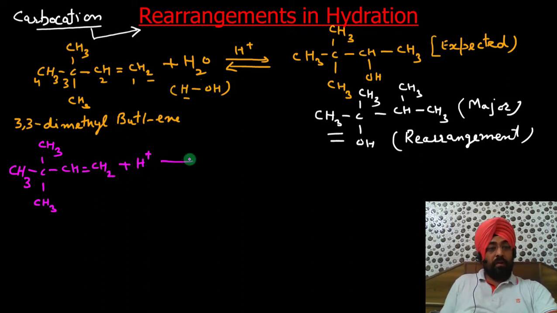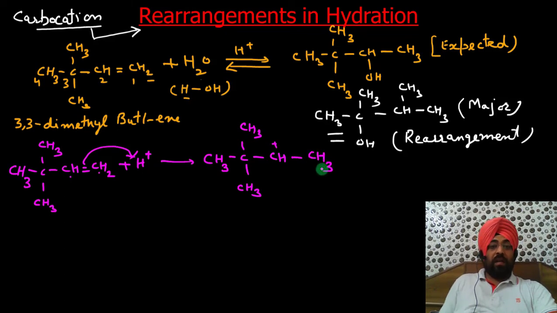The proton will add to this carbon and it will get a positive charge, because we will get a secondary carbocation, which is more stable than the primary carbocation which would have been obtained if we had added the proton to this carbon. So CH3 CH positive CH3. Now this is a secondary carbocation.